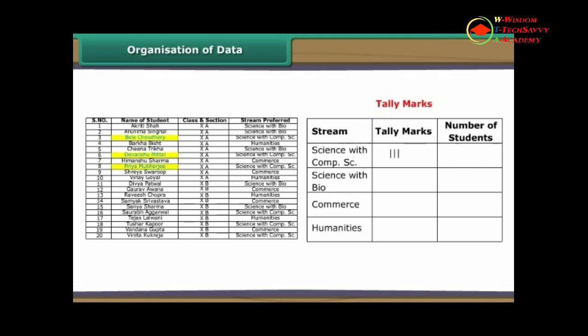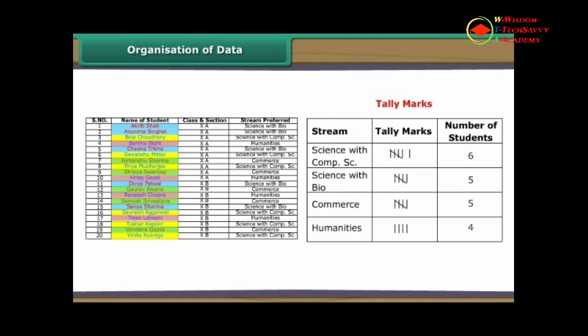Under tally marks, denote a student with a preference for a particular stream by a tally mark against that stream. Indicate every 5th student preferring a particular stream by a slanting line crossing the previous 4 tally marks. Now count the tally marks against every stream and record it under number of students.